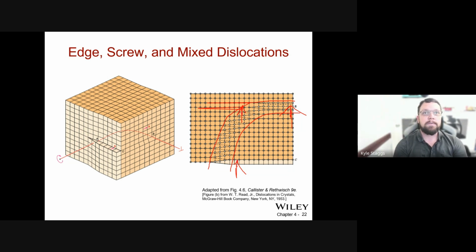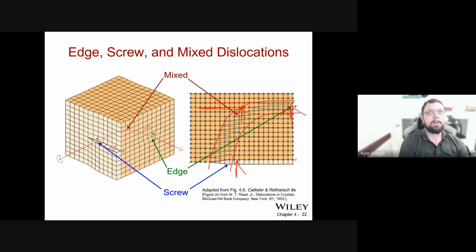So there's a lot of pieces to the puzzle here, but you can have a few of these operating together, and because the Burgers vectors are the same direction, it's fairly straightforward for the fault to form in this particular way. So you have the edge dislocation, you have the screw dislocation, and you have the mixture as the two sort of run into each other.